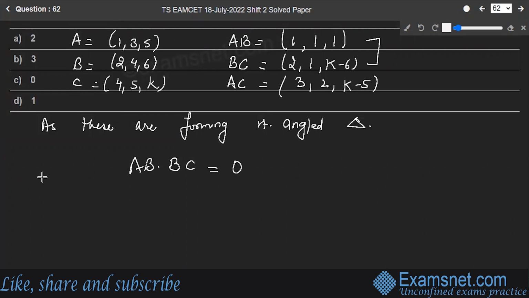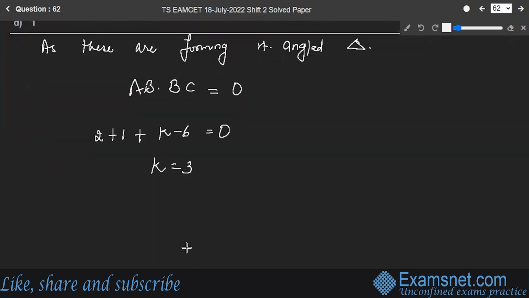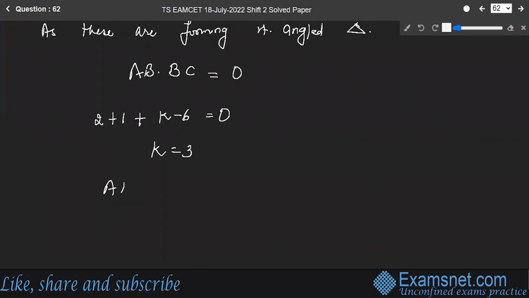This gives me 2 plus 1 plus K minus 6 has to be 0, which gives you K is equal to 3. Or AB into AC is equal to 0, which will give you 3 plus 2 plus K minus 5 is equal to 0. This will give you K is equal to 0.